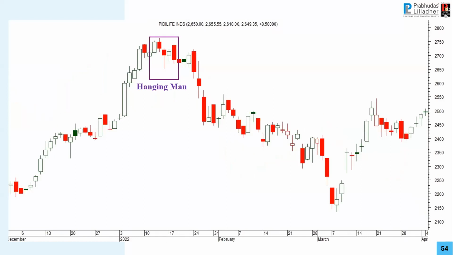Now this is more of a clear one. We see that the stock is peaking up, and then we see the formation of a hanging man, which is again like a hammer, but in the reversal trade. So we would put the stop loss at the high made, that is the previous high candle. We normally take the high as stop loss, which is the highest point, if it is close to the peak.